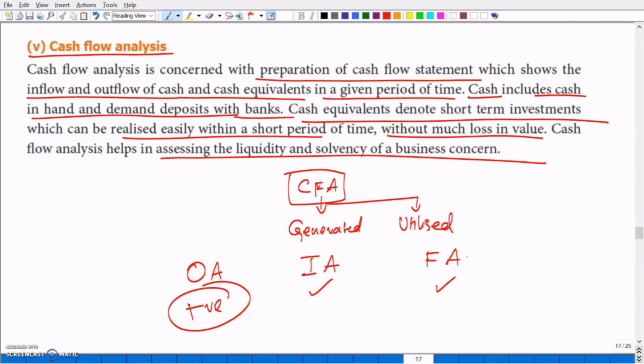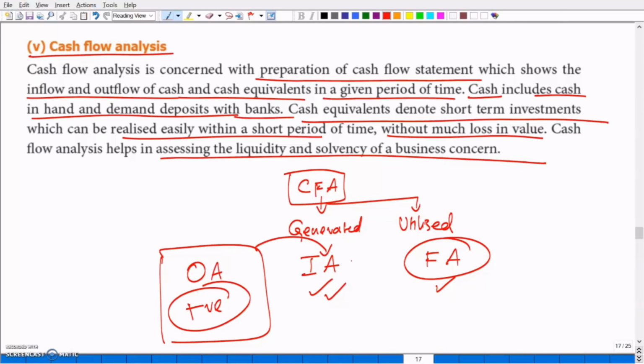Similarly, cash can be generated from financing activity also, by raising money from the equity shareholders or by raising long-term loans, and that can be used for acquiring assets, that is, investment activity. But what is ideal is generating cash from operating activity and using it for investment activity and financing activity also.